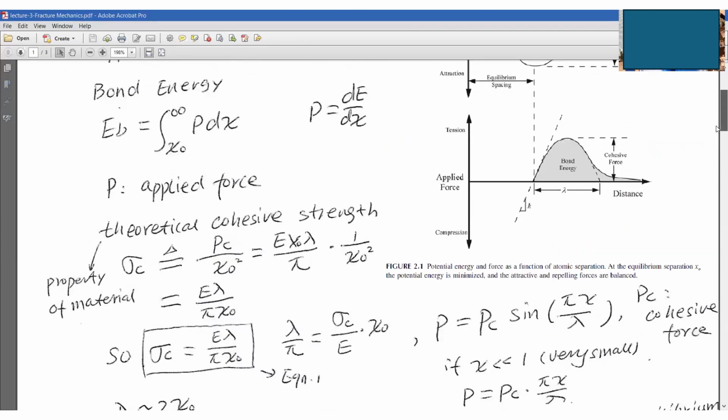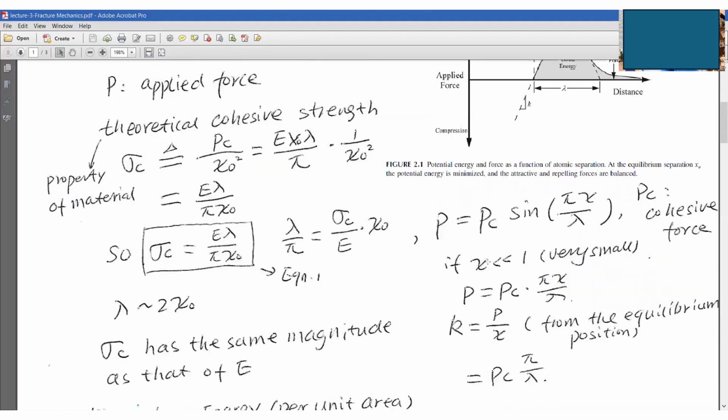So this P, the force, can be written with PC as the amplitude, the cohesive force, approximately the sine function, sine of pi x over lambda. Right? So suppose x is very small, much less than 1. We know that if x is very small, sine x is approximately equal to x.